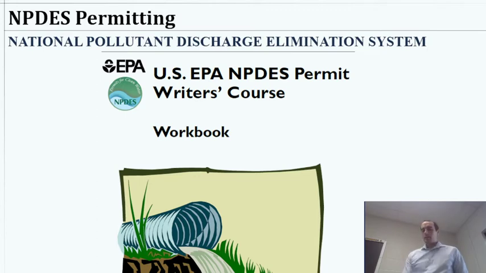Okay, so I wanted to tell you a little bit about this experience I had with a permit writers course. One of the reasons I decided to take a shot at coming back to academia was my experience at DEQ. Part of the problem was I had just finished an advanced degree, and the job I was able to land in Michigan, where I had to stay because my wife had a position there, was an entry-level permit writing job.